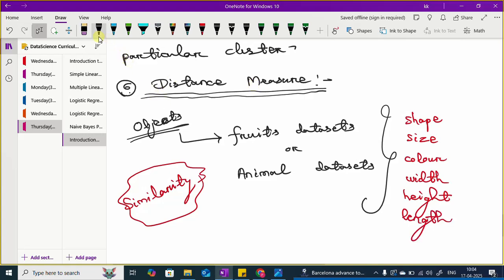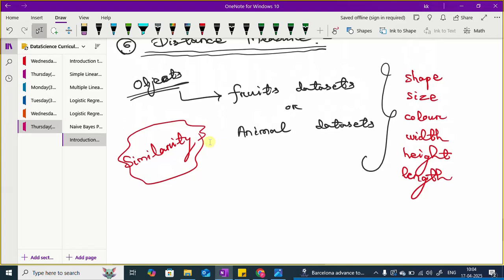But if it is not an object, this is just a data set, a data point, then how can I find the similarity between them?